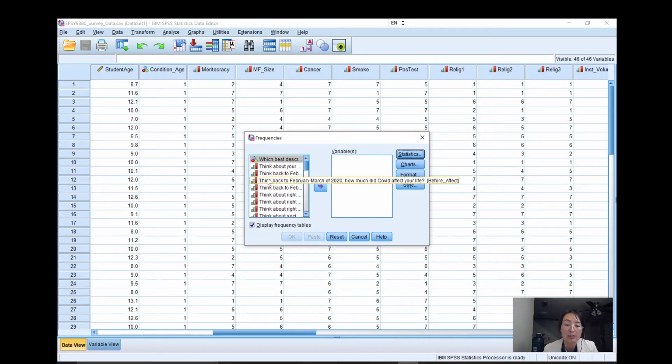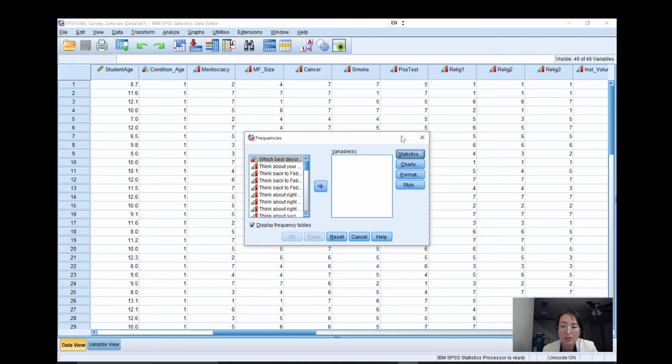This you have learned from the textbook. For mean, it's usually a continuous variable, or we say interval or ratio, because we calculate basically the distance of the variable.